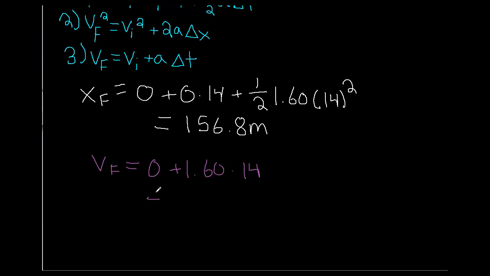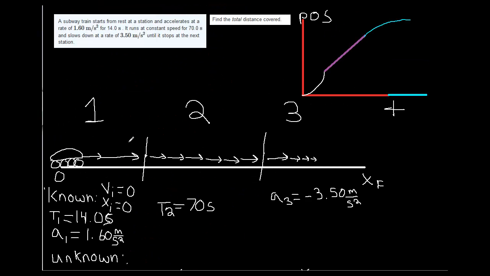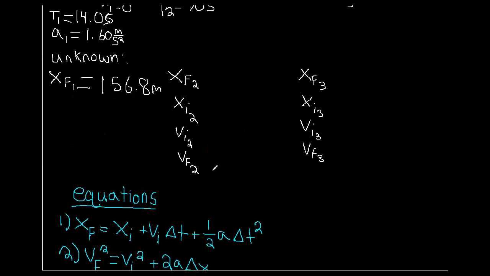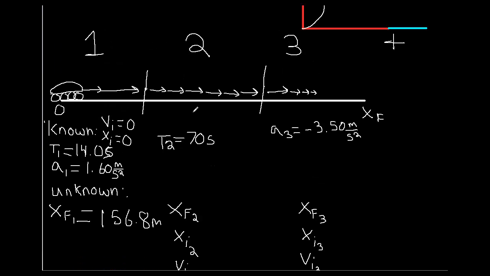This equates to 22.4 meters per second, which is our initial velocity for stage 2. So I just want to make sure that's clear. Our final velocity of stage 1 after the acceleration for 14 seconds turned out to be 22.4 meters per second, which is our initial velocity starting at stage 2.